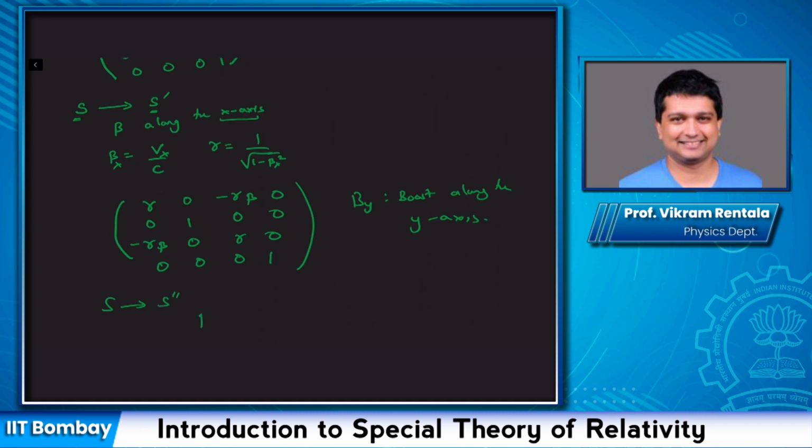where the boost, let's put a beta y. And this gamma, to be clear, is really gamma y. And this gamma was gamma x.